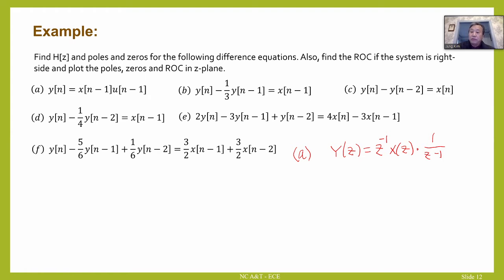So you can do Y over X, which is H of z. So that one is z to the minus 1 over z minus 1. Multiply by z, so this is 1 over z minus 1.